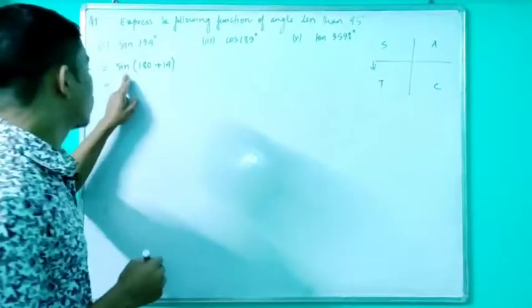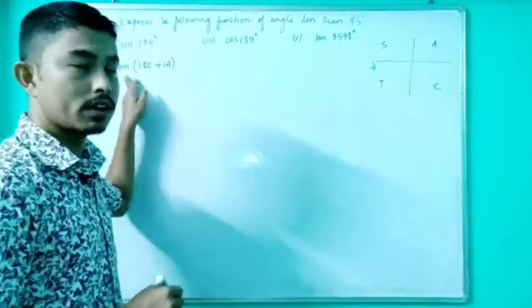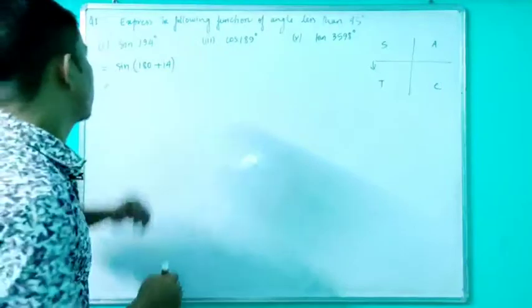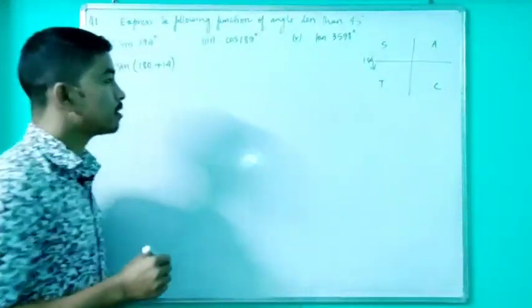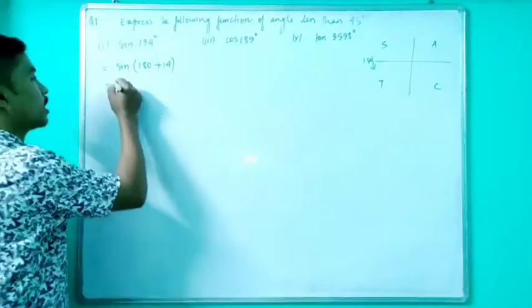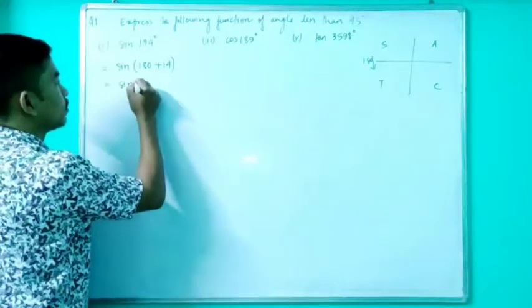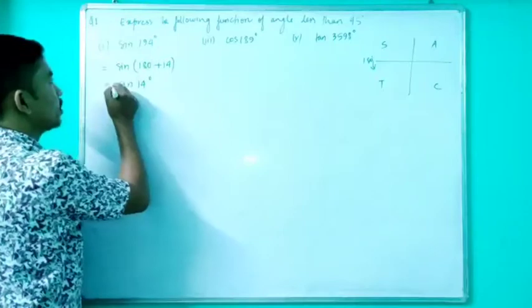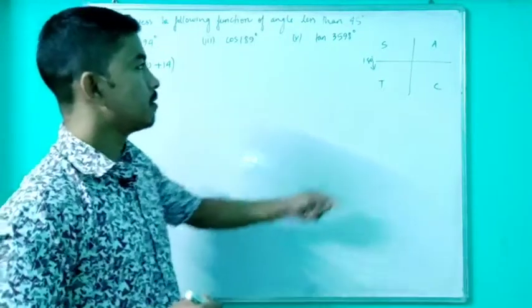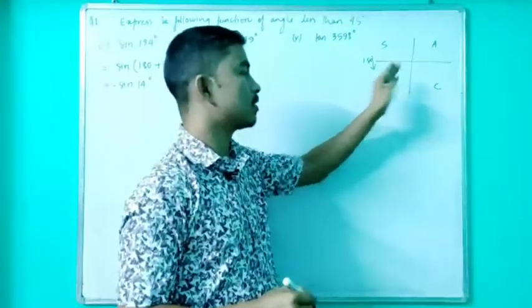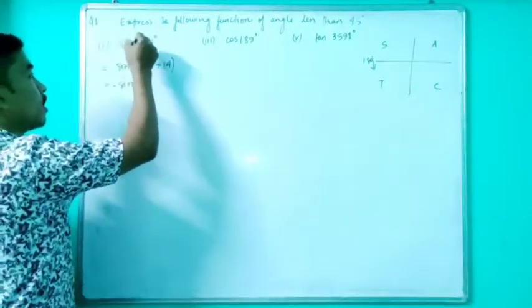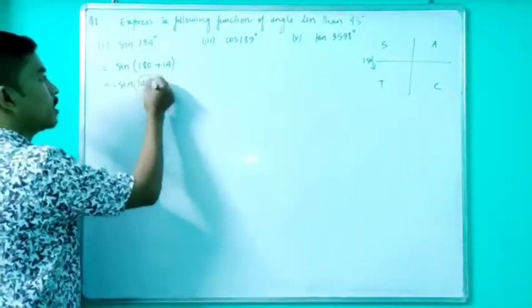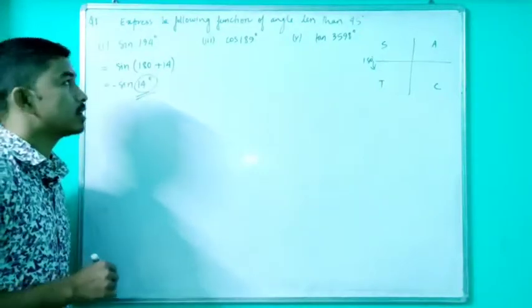In the third quadrant, the value of sine theta always remains negative. And also remember, on this horizontal axis the trigonometric ratio does not change. So I can write this one as sine of 14 degrees, but here it will be negative. Why negative? Because in the third quadrant, the sine theta remains negative. So simply I got sine 194 in an angle which is less than 45 degrees, that is, here I have 14 degrees.